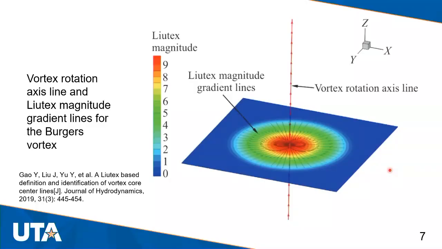As I said before, the cross product being zero essentially means they are parallel, right? For the majority of positions they are normal, so they are only parallel at the vortex center. So that's why we give the definition of the Liutex core like that.